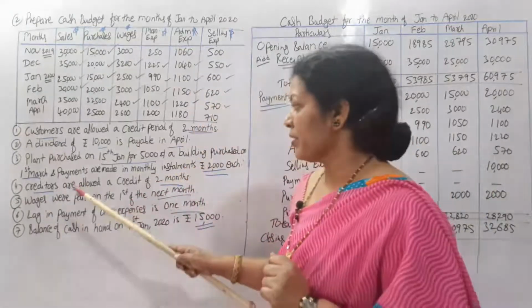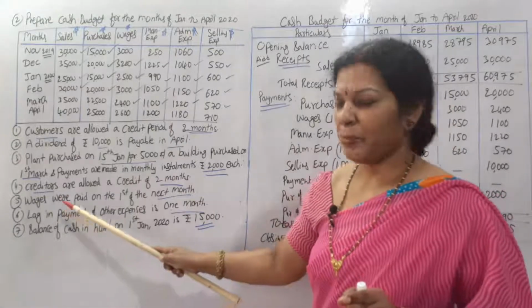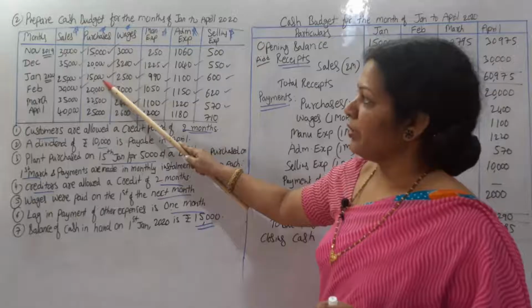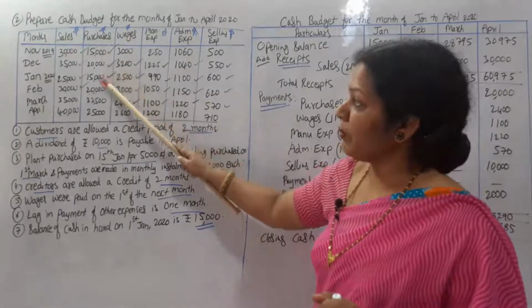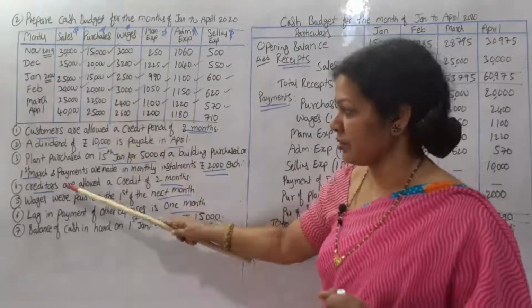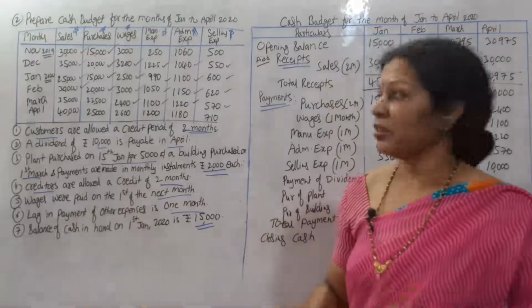The same creditors allowed a credit period of 2 months. Creditors means related to the purchases. So purchases also 2 months delay. Means November amount we have paid in the month of January. December amount paid in the month of February, like this. Wages and other expenses 1 month delay.